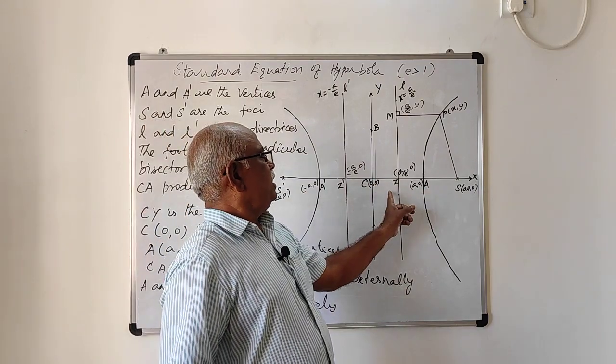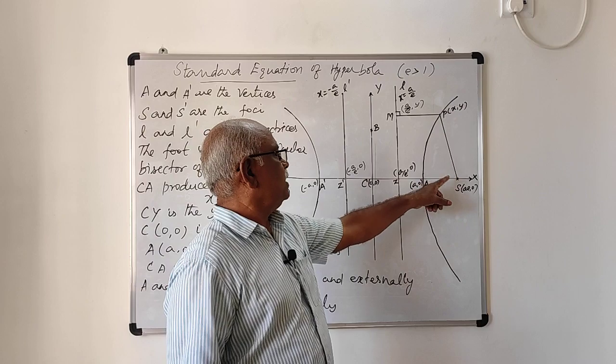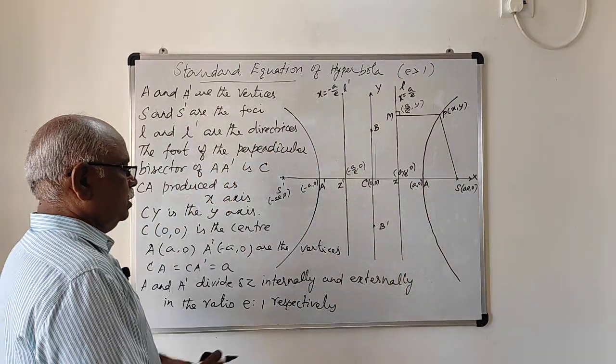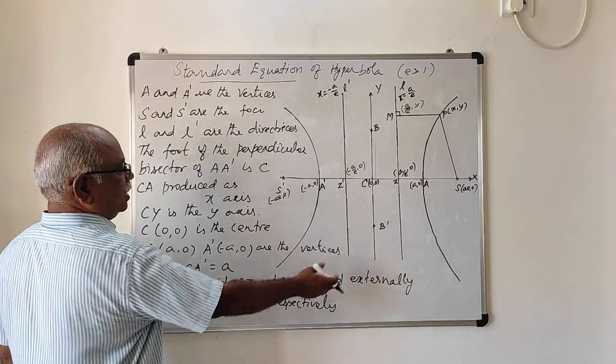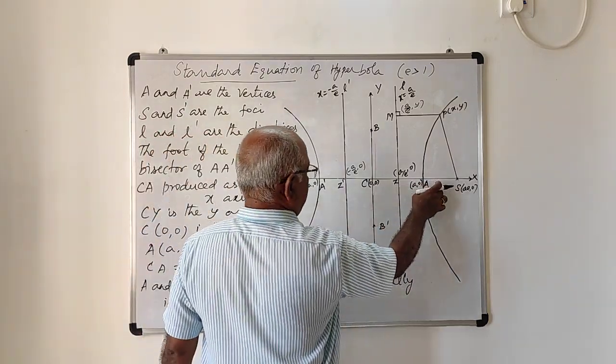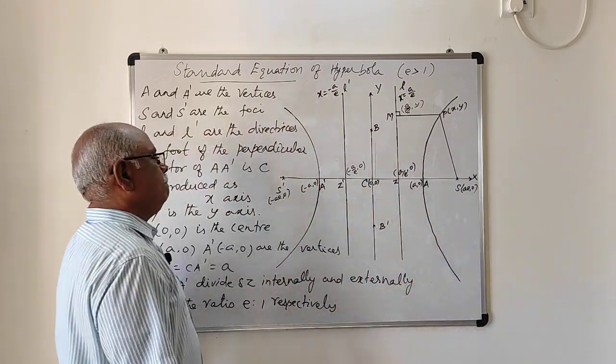A divides SZ internally in the ratio e is to 1. A dash divides SZ externally in the ratio e is to 1.